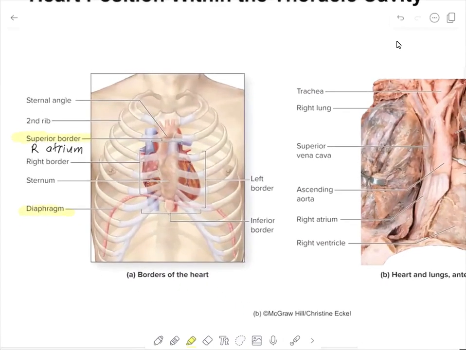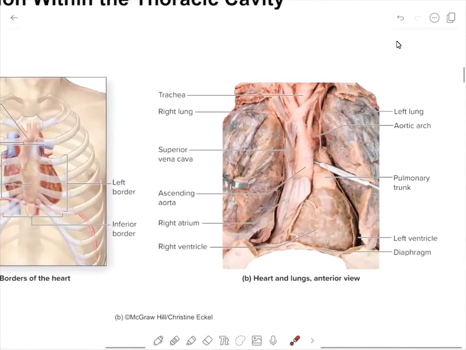And then the lower corner of the heart is the conical end called the apex, and that's going to point towards your left hip. Over here on this image, we can see the right atrium. That's going to be where the base of the heart is. And the left ventricle is going to be where the apex of the heart is.